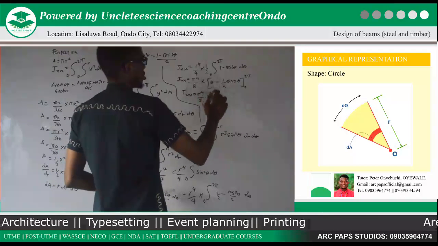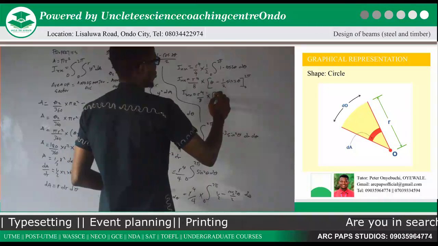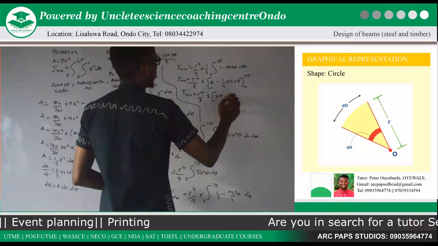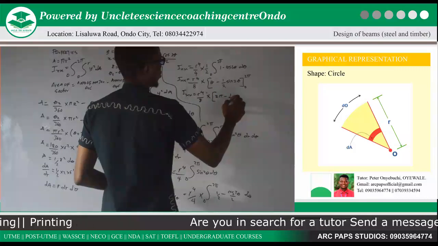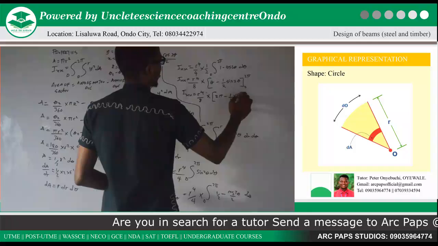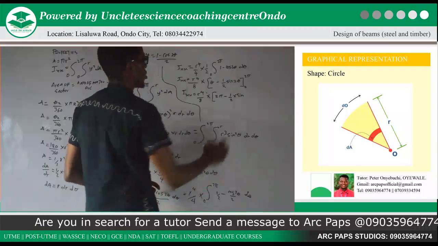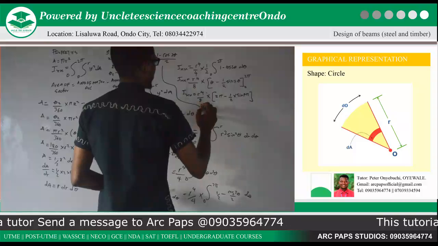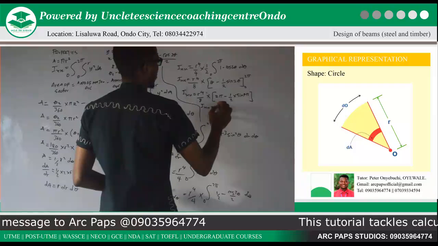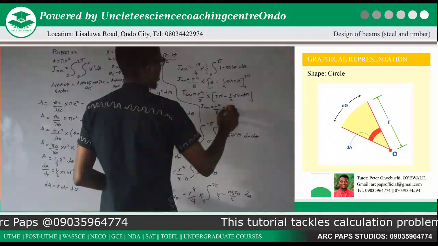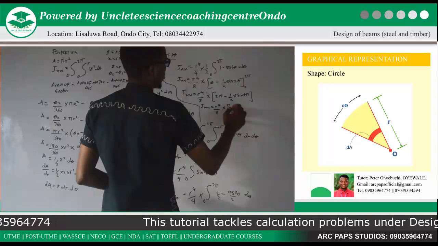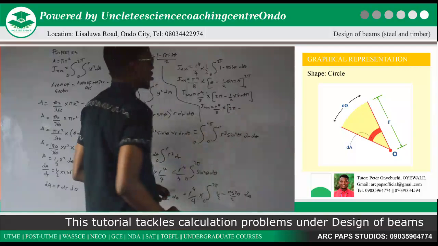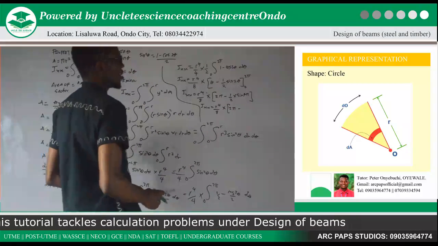Now if we substitute 2 pi, that will be 2 pi minus 1 over 2 sine 4 pi. Now this is r raised to power 4 over 8. The reason why we didn't substitute the 0 is that when you substitute the 0, sine 0 is still 0, and that will still give 0.